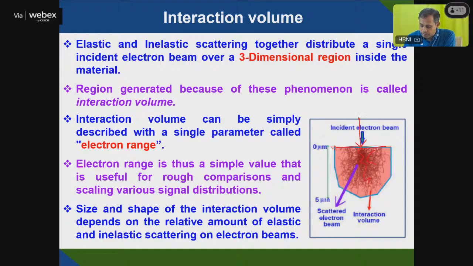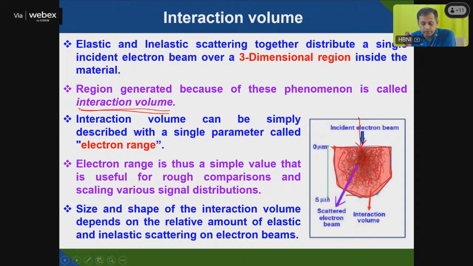You can see the electron beam is going inside. So this is the area up to which the electron beam is penetrating. This is the volume in the specimen, or better to say the volume in the specimen with which the electron beam is interacting. That is called the interaction volume.